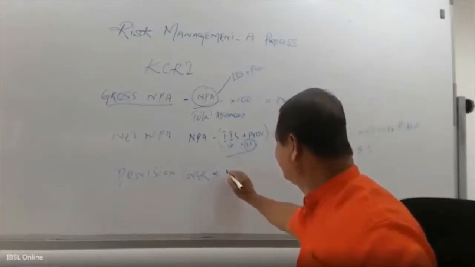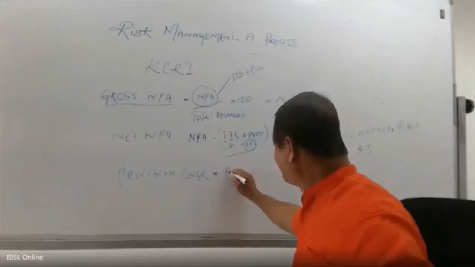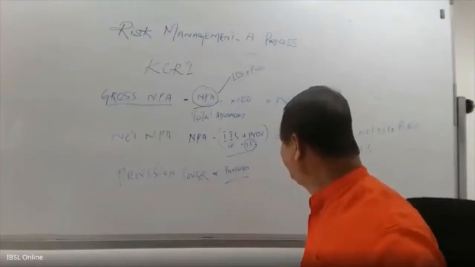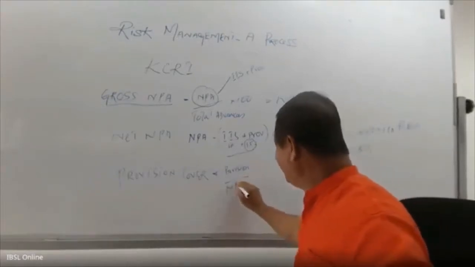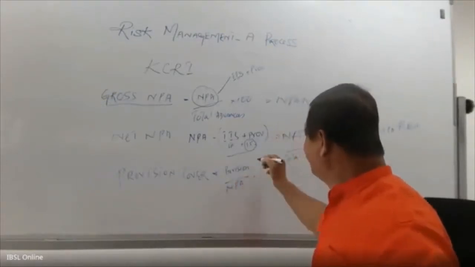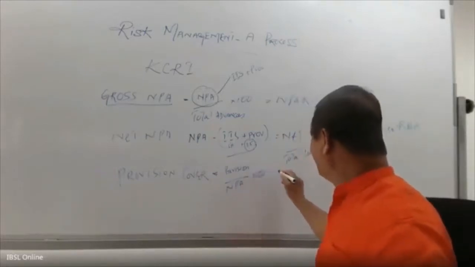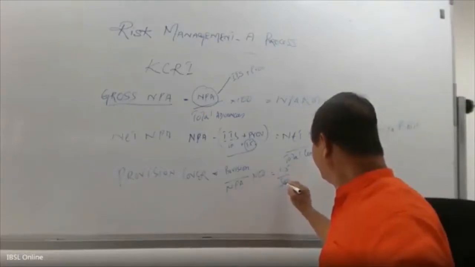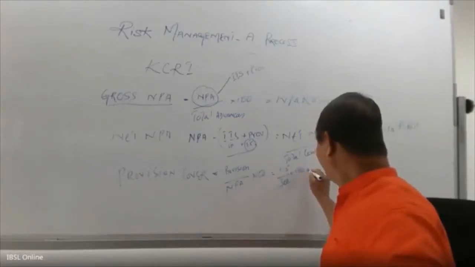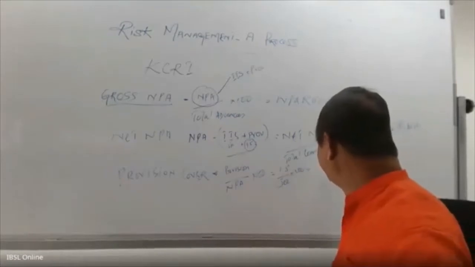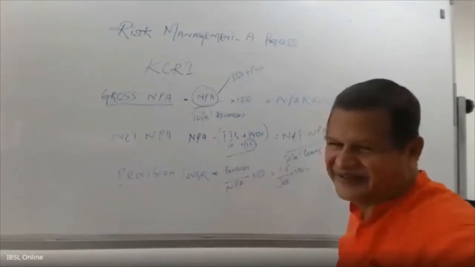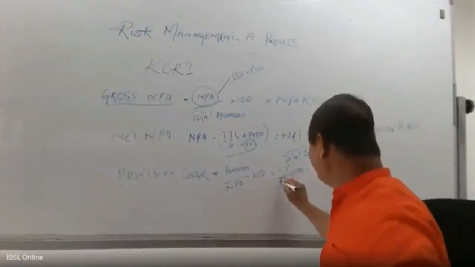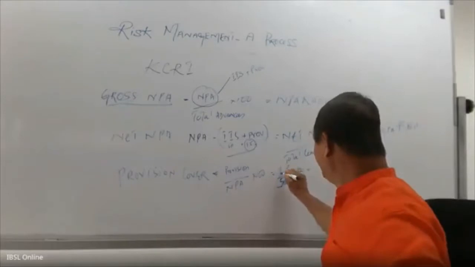Provision cover means the total provision you have provided divided by NPA into 100. So I put in the figures: 1.5 divided by 5 into 100. You have 5 billion. You have 1.5 billion.